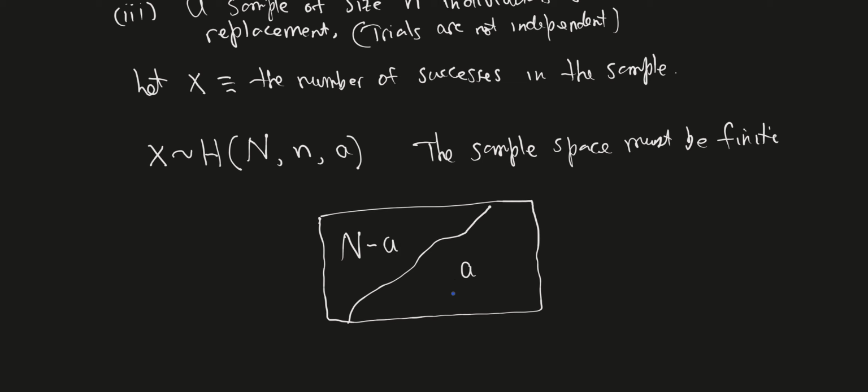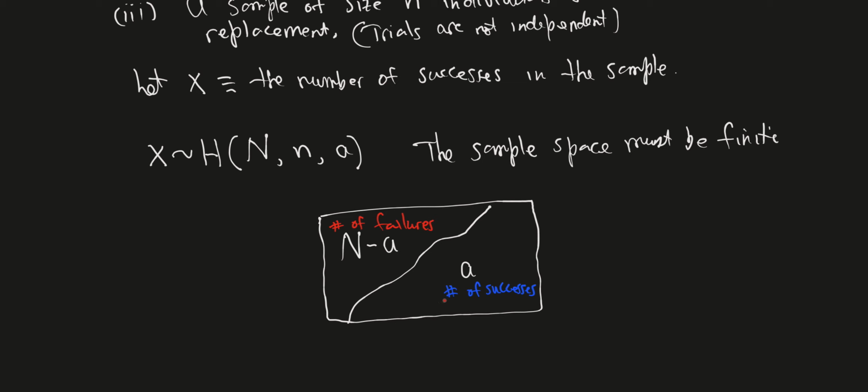So this would be the number of successes, and then over here we have the number of failures, and we're choosing n out of this, right?